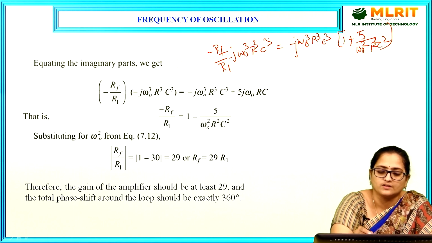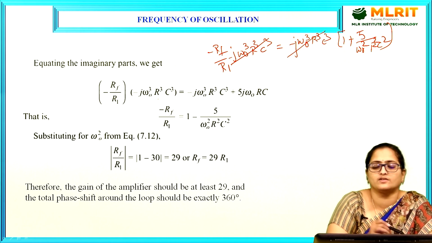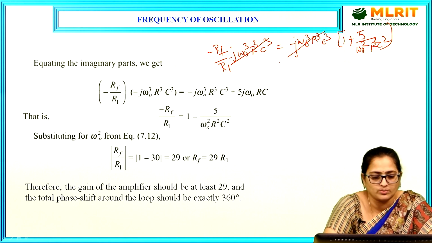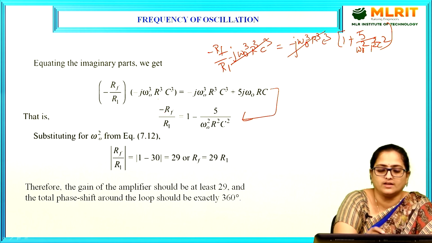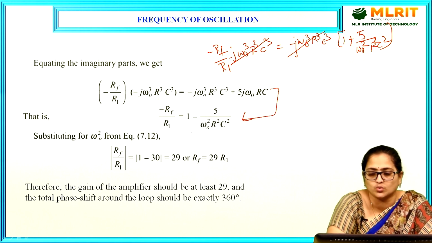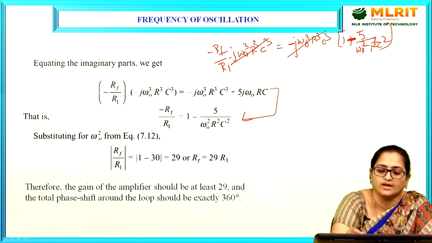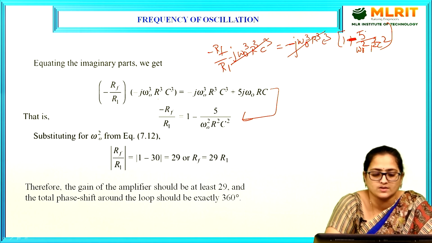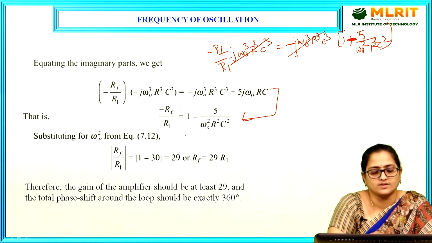So here this minus J omega naught cube R cube C cube and this minus J omega naught cube R cube C cube can be cancelled out, and this expression is given as minus RF by R1, which is equal to, if you take minus common, 1 minus 5 by omega naught square R square C square.